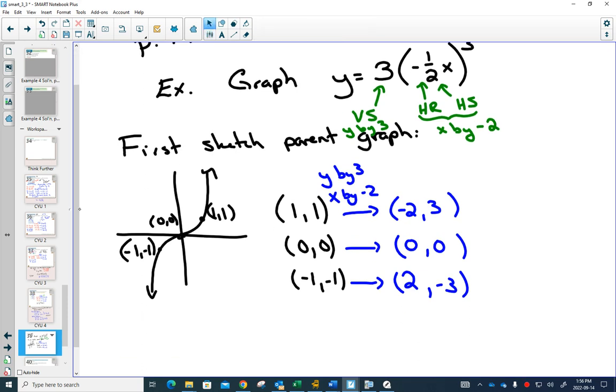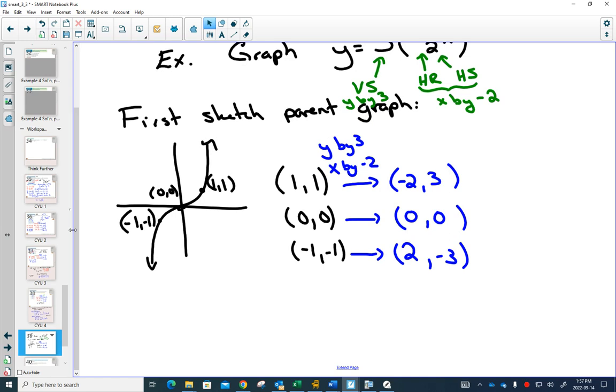You're also going to see me more and more saying, if you've got one graph here, when you go to graph your second graph, put it on a new graph, because otherwise things get busy. It's hard to label. It's harder for you to see what was happening. So I'm going to start a new graph.